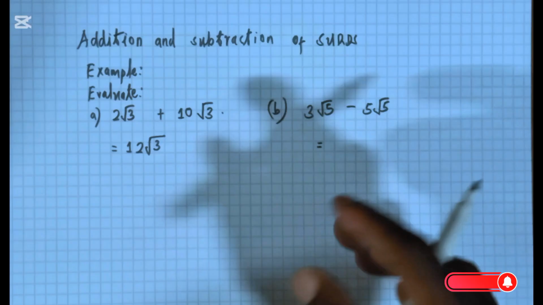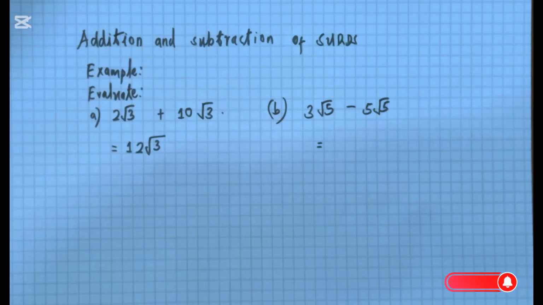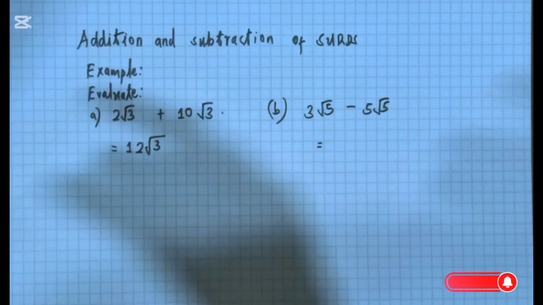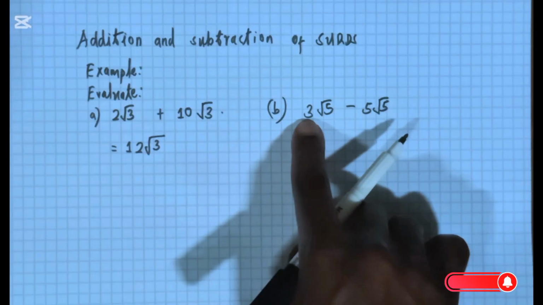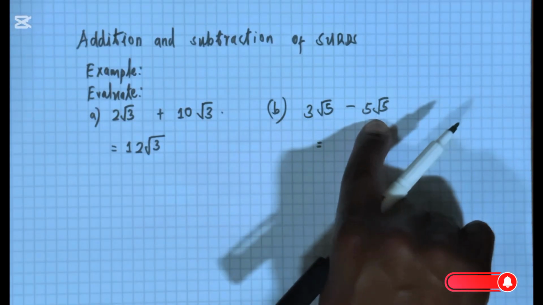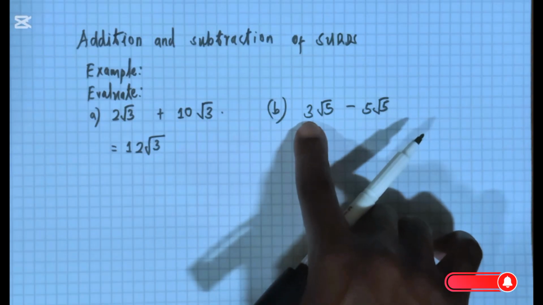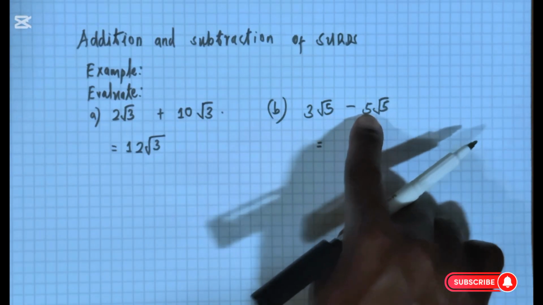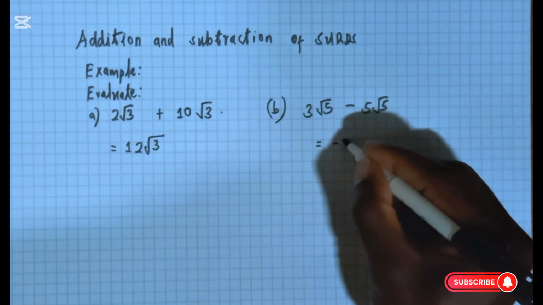Okay, so while subtracting them, we are going to mainly look at the number that is outside of the root sign. In this particular case, we have 3, and in this particular case, we have 5. So that's basically going to be 3 minus 5. 3 minus 5 is going to give us negative 2.